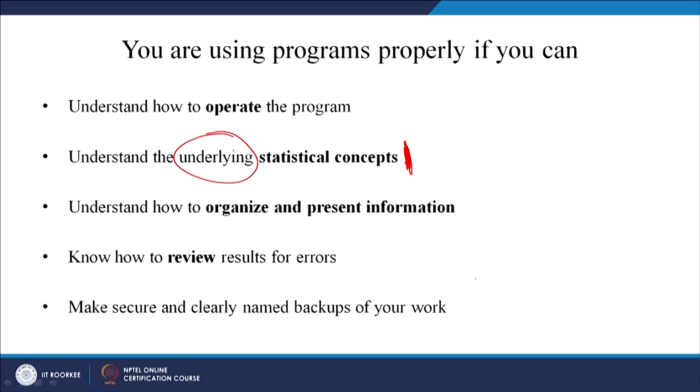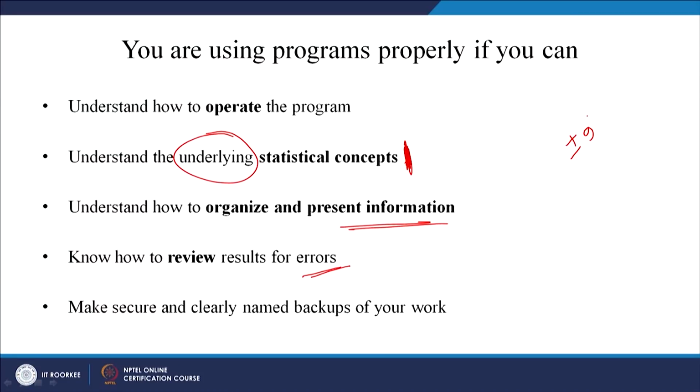You should be able to organize and present the output you are getting, and review results for errors, because there is a possibility of error in your results, and you should report the probability of errors. For example, if you say that tomorrow it will rain in a city, then you should say that there is a probability of rain of 90%, so there is a 10% chance that it may not rain.